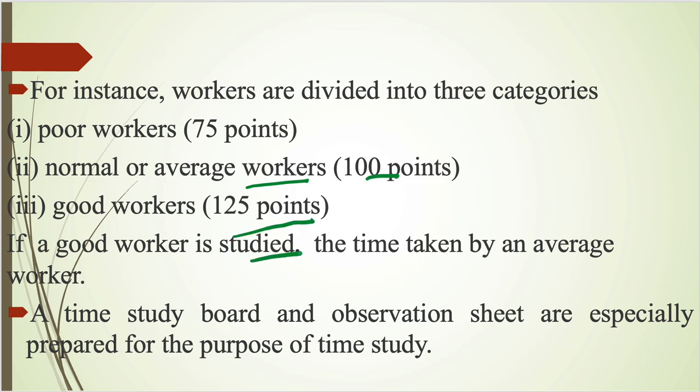Generally, a normal worker is selected for the time study. If a good worker is studied, then the study board and observation sheet are specially prepared for the time study of that worker.